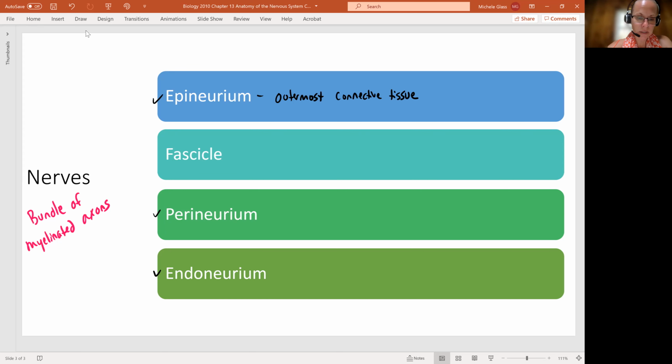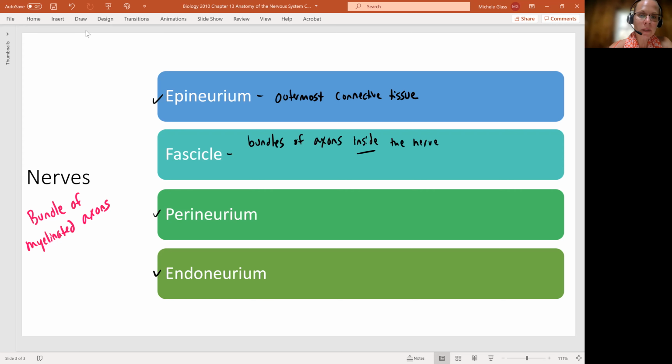Then inside the nerve we have the fascicle, which is the bundles of axons inside the nerve. Think of skeletal muscle, same sort of organization. You should be able to picture that based on your study of skeletal muscle.